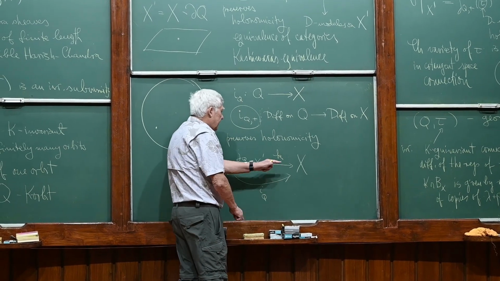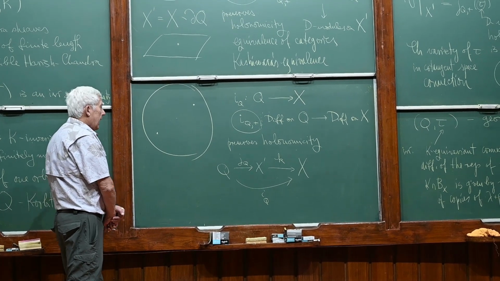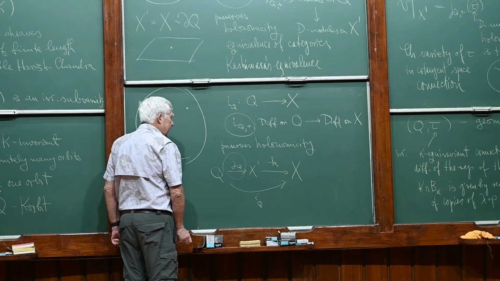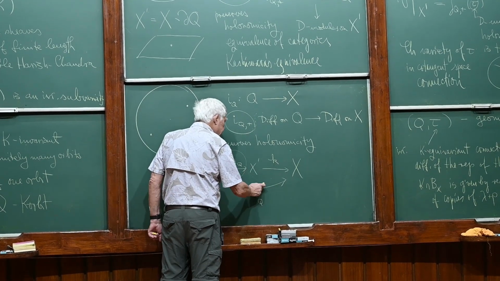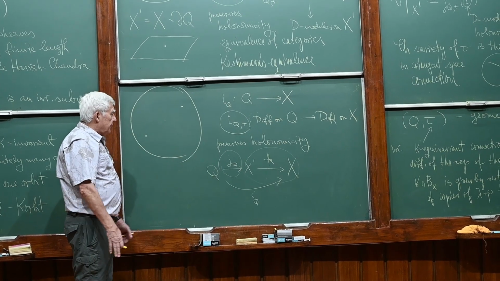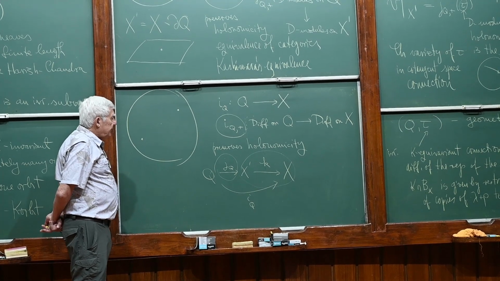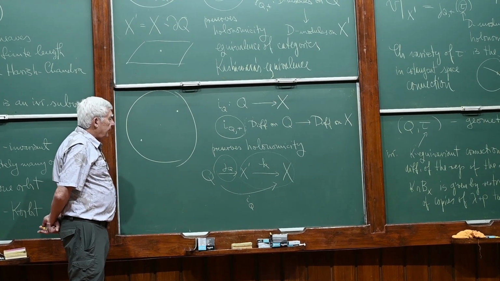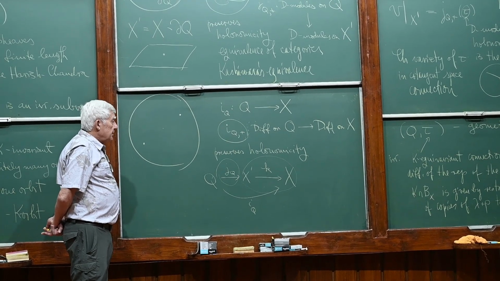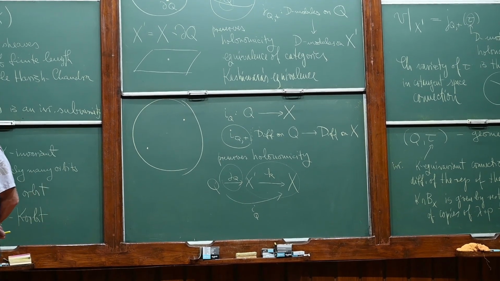The direct image behaves well with respect to compositions, and this is controlled by Kashiwara. The hard part is to show that the direct image from an open subset to the whole variety X, which is just the standard sheaf theoretic direct image, preserves holonomicity.